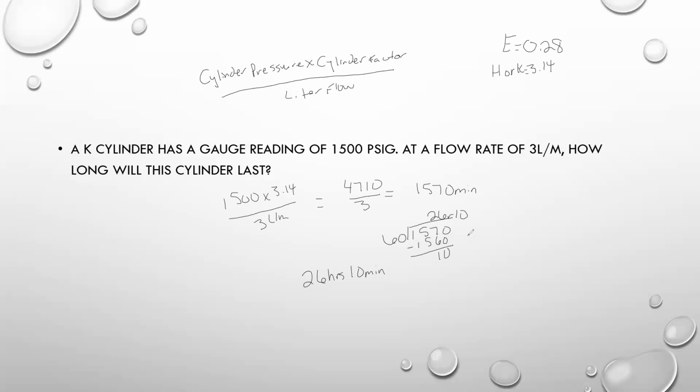Now, if you're doing this on a calculator and you take 1570 and divide that by 60, that's going to give you 26.17 hours. So now all you've got to do is take 0.17, multiply that by 60, and that also will let you know that you've got 10 minutes left. So 26 hours and 10 minutes is the correct answer for this type of question. Clear that and move on to the next.